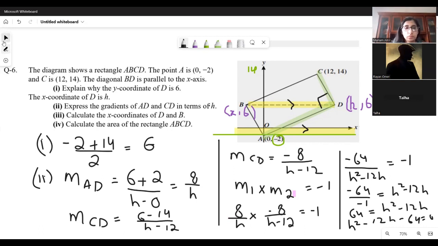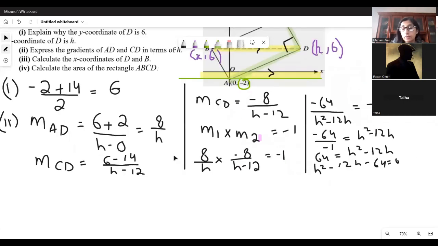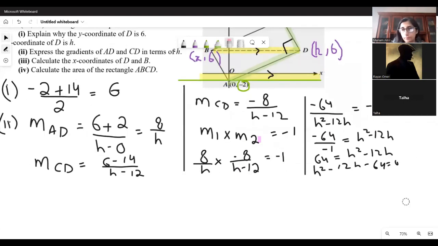Solve this quadratic equation by using either factorization or quadratic formula, and tell me what are the two values of h.